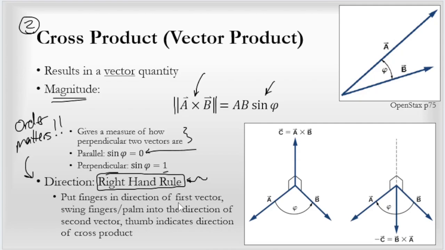Put fingers in the direction of the first vector in the cross product. Swing your fingers or your palm into the direction of the second vector, and whichever direction your thumb is pointing indicates the direction of the cross product. So in the first picture, on the right here, I'm looking at A cross into B. They've let A be directed towards the left and B be directed towards the right some.